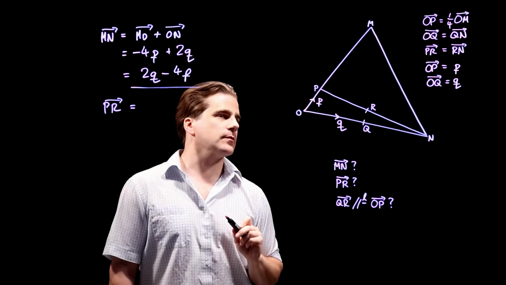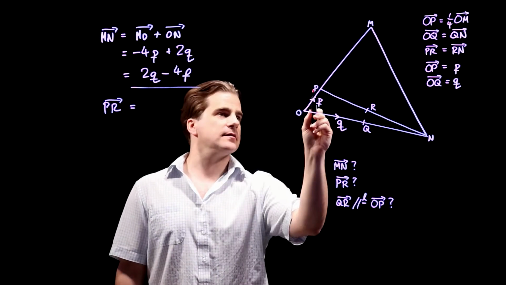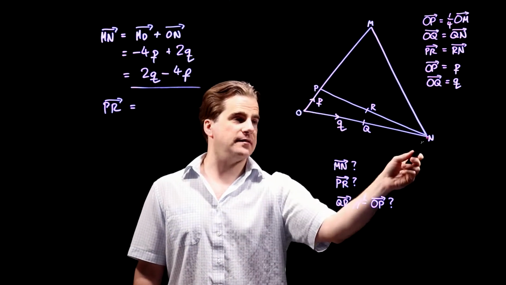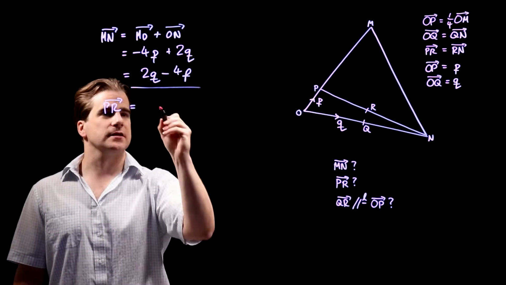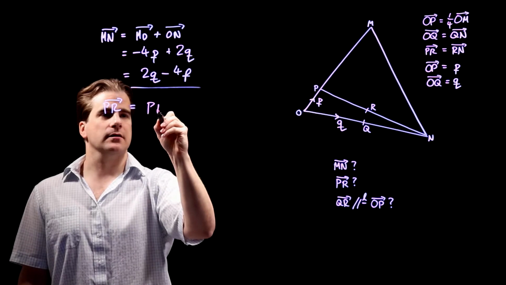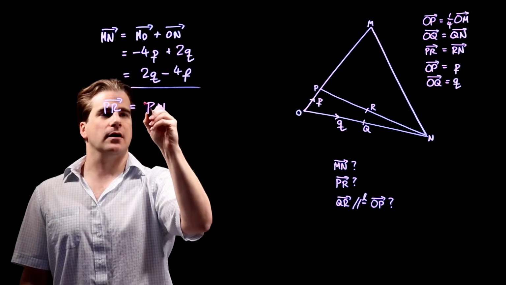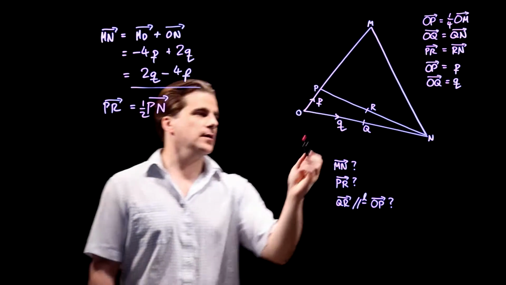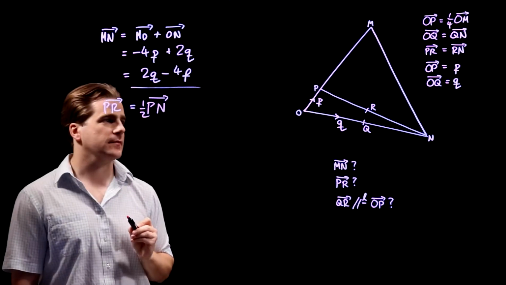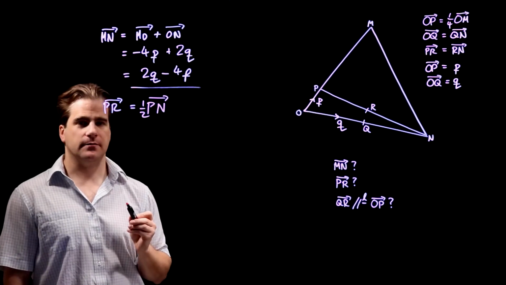Well, what we'll have to say is this. P to R is half of P to N. Yeah, that will get us into the question. P to R is half of P to N. Because we can do P to N, and that'll give us P to R.